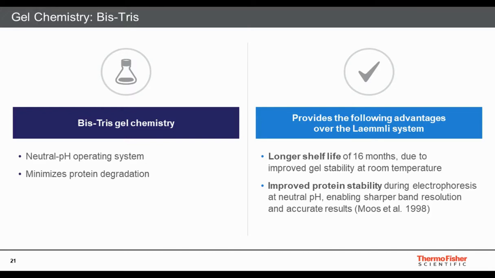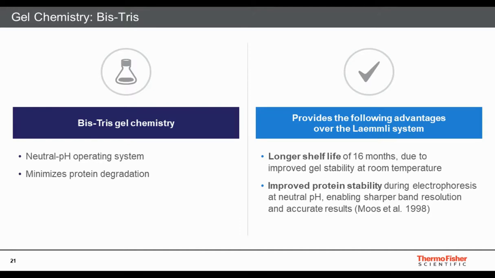As we have discussed already, the Bis-Tris gel chemistry has a neutral pH operating system, which plays a vital role in minimizing protein modification and protein degradation, thereby preserving sample integrity. Since Bis-Tris gel chemistry is comparatively less reactive with acrylamide, the Bis-Tris gels have a shelf life of up to 16 months at room temperature.